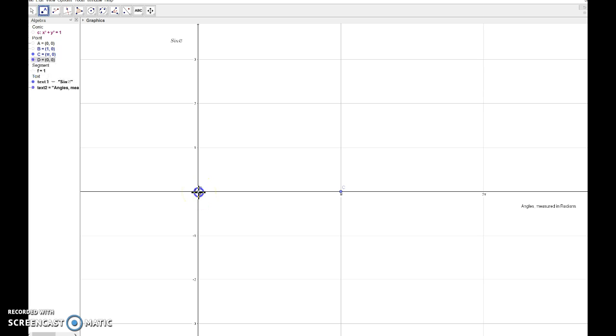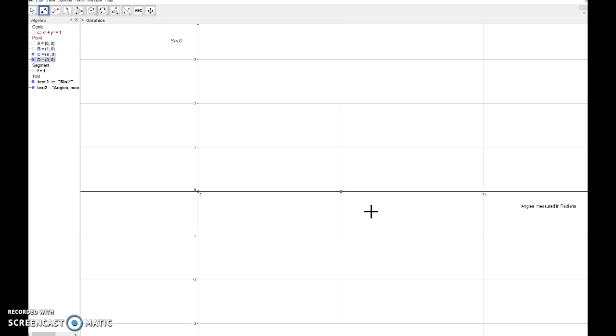So sine has the point 0, 0. You don't really need these labels. So I'm going to go to options and say no new objects. And I'm going to turn the label off on C.